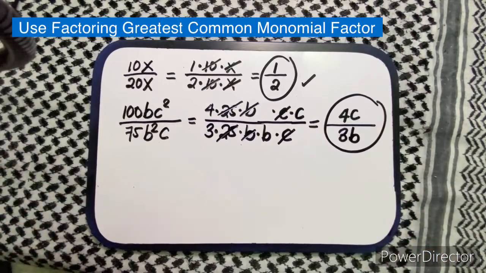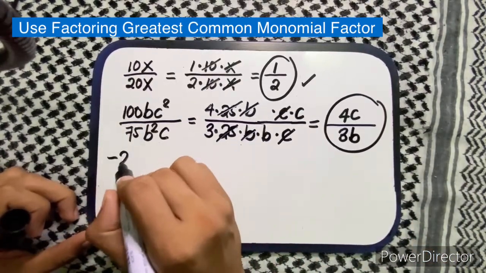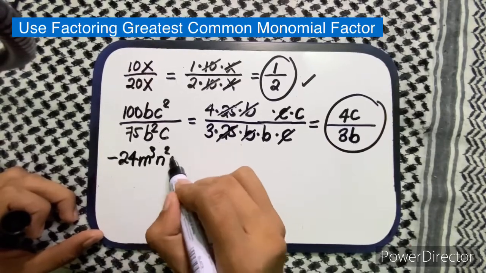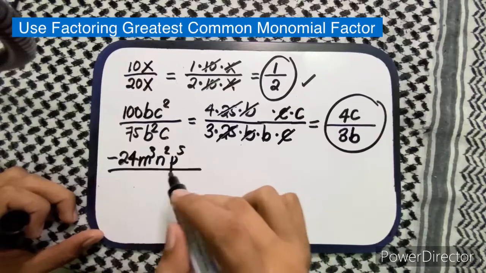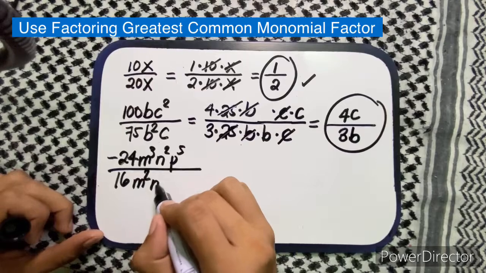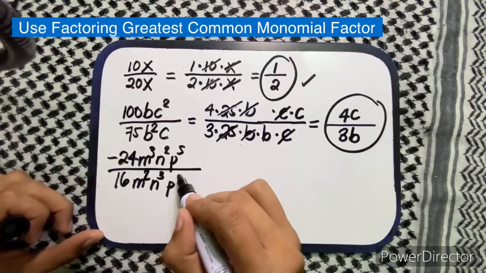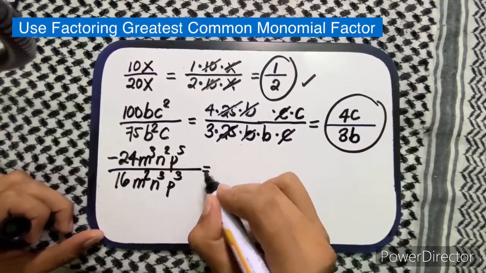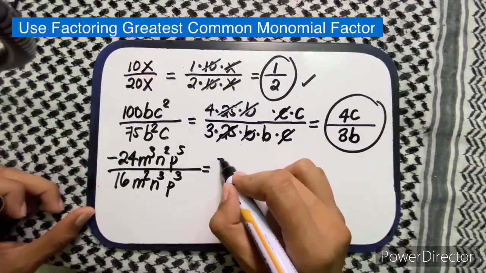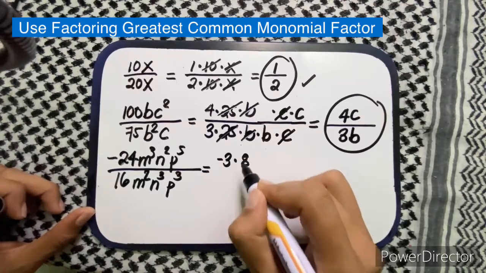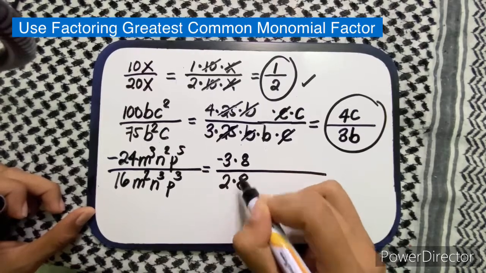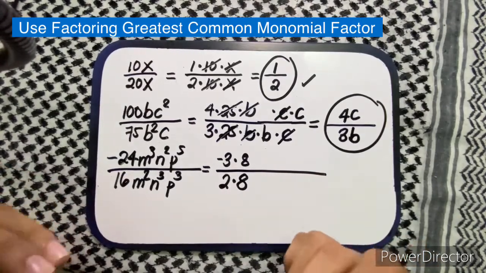Okay, next example we have negative 24 m cubed n squared p raised to 5 over 16 m squared n cubed p cubed. So factor out. Negative 24 is negative 3 times 8, right? Then 16 is 2 times 8. So we will go directly to the common factor.